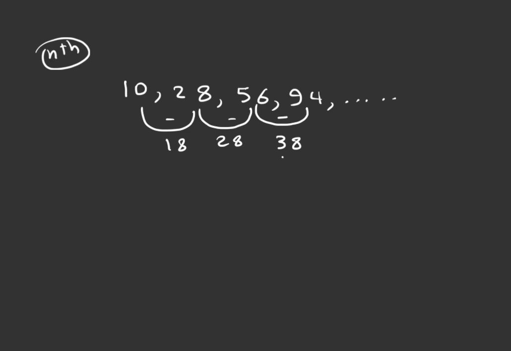Now find the second difference. 38 minus 28 is 10. 28 minus 18 is 10. The second difference is constant. If the second difference is constant, this is a quadratic sequence, and the nth term in this case will be a n squared plus bn plus c.